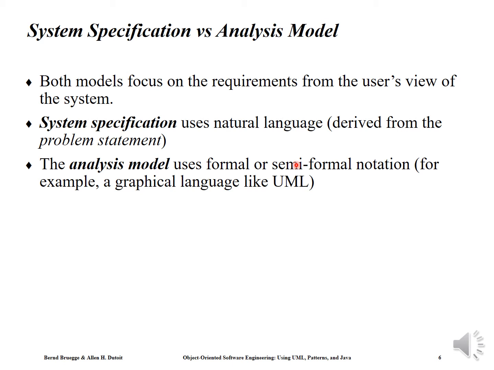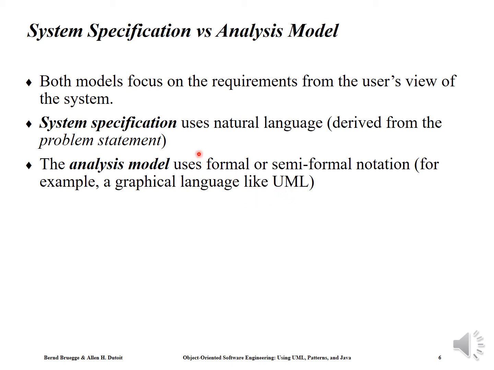The requirement specification or system specification is structured and formalized during analysis to produce the analysis model. Both represent the same information. They differ only in the language: the requirement specification uses natural language, while the analysis model uses formal or semi-formal notation like the graphical language UML.